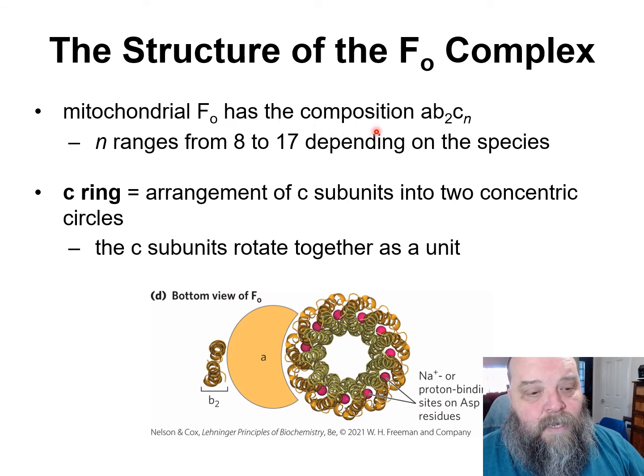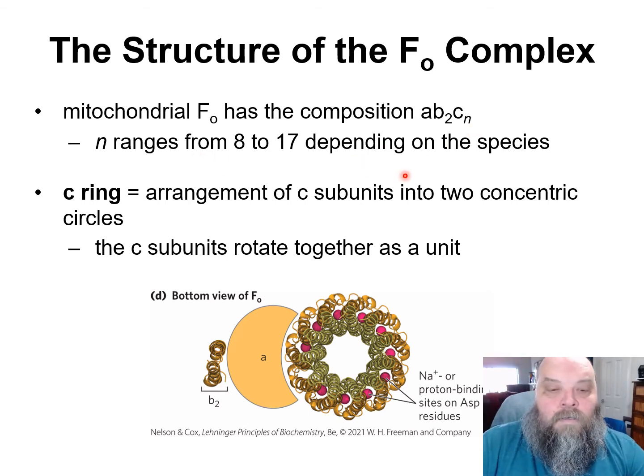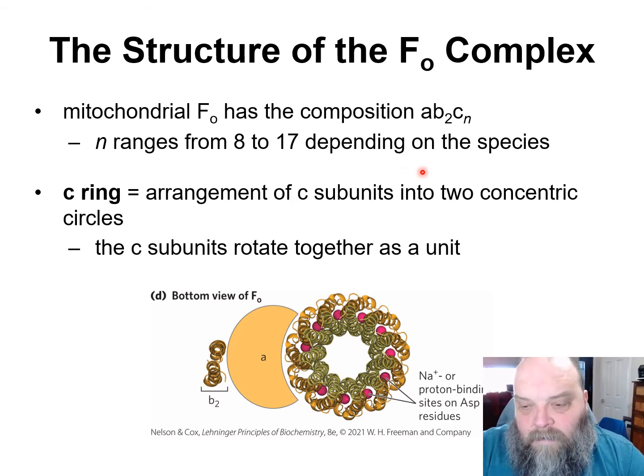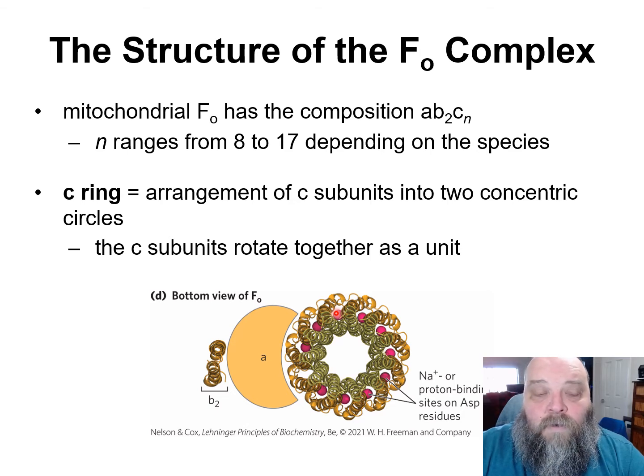F0 has the composition of A, B2, C, n, n depending upon the species. So I could isolate mitochondria, isolate the ATP synthase from those mitochondria, and hand them over to you, and you could take them to a lab and tell me which group it comes from.